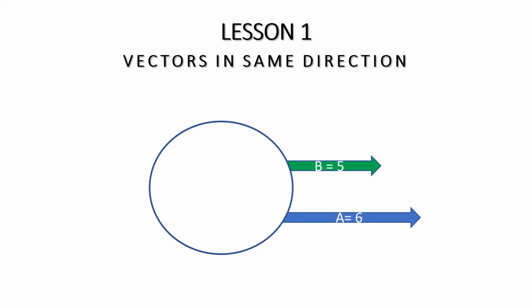Vectors in the same direction. These are two forces pointing in the same direction. Physics laws say that because they are pointing in the same direction, we simply add the two forces to obtain the resultant or their net effect.